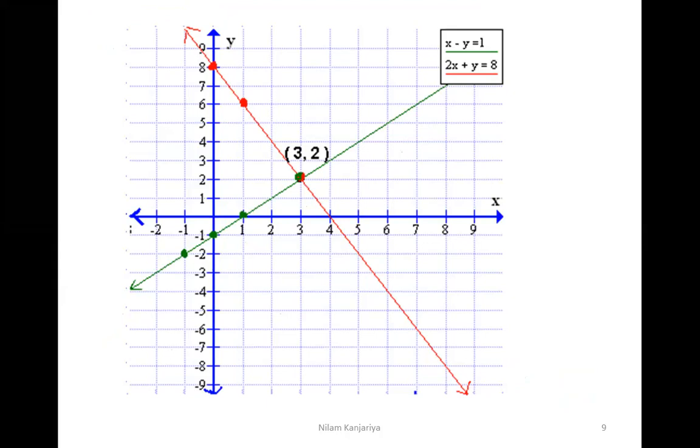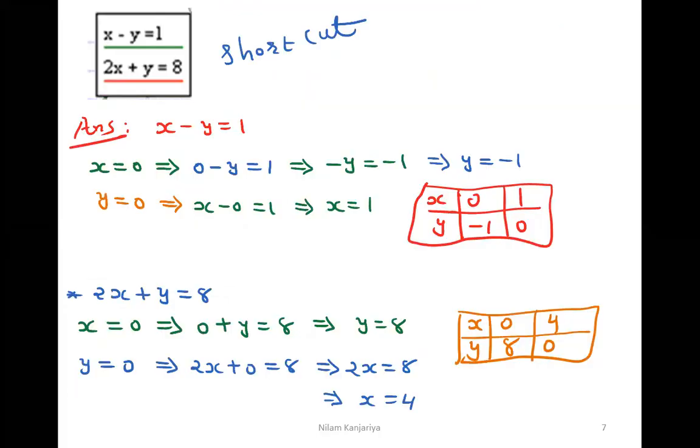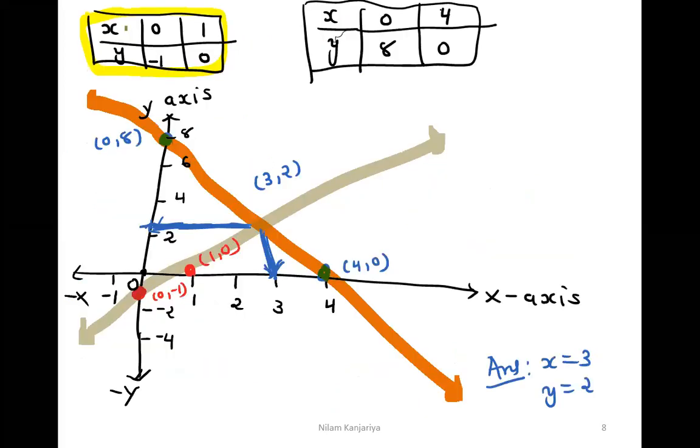Okay. So these are the two methods. You can apply anything. If you like, take any 5 or 6 values of x and y, then you can draw the line, then okay. Otherwise, this is the shortcut. You just take the 2 points and make a graph because a straight line is always perfectly straight.